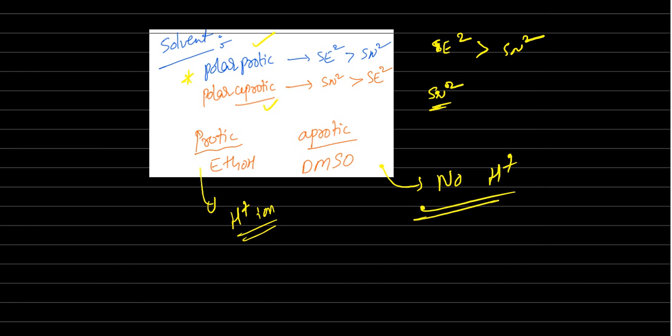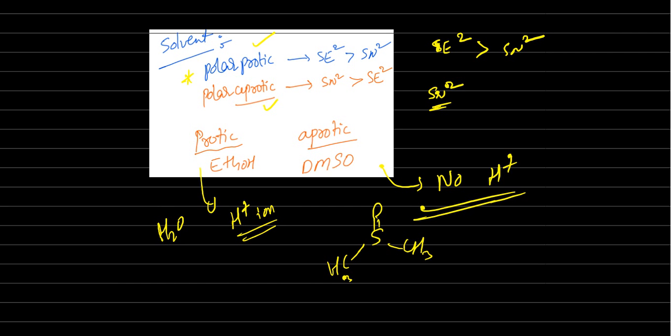For example, dimethyl sulfoxide. In polar protic solvents, even H2O will come, alcohol will come, carboxylic acid like that. So protic and aprotic, right?